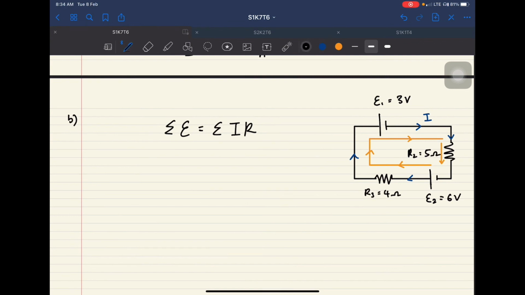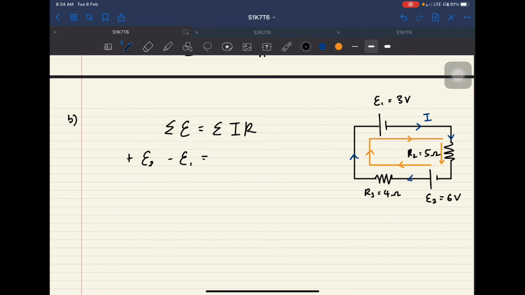For the left hand side, you have 2 EMFs. I will start from here again, so you have epsilon 2 and epsilon 1. Then determine the sign convention. Here it goes out from the positive according to the loop direction, so positive over there. And over here, the loop direction is to the right, so it goes out from the negative terminal, so that one is negative.